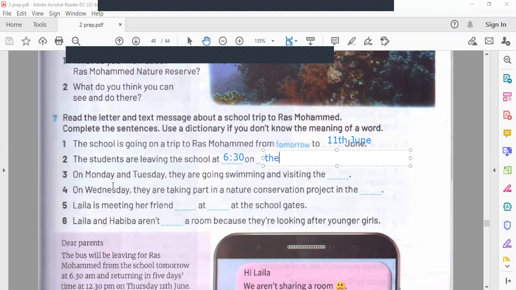Okay. On Monday and Tuesday, they are going swimming and visiting the, yes, coral reefs. On Wednesday, they are taking part in a natural conservation project in the, yes, mangrove forest.